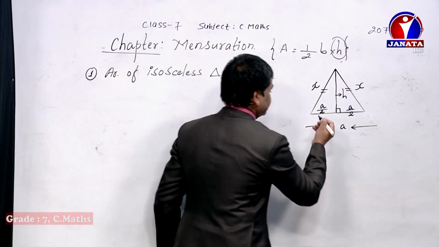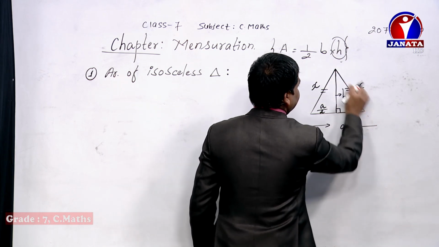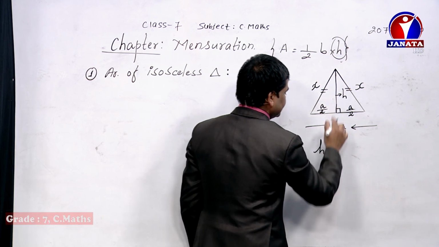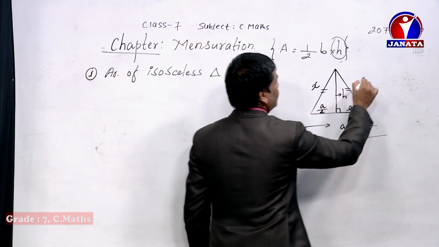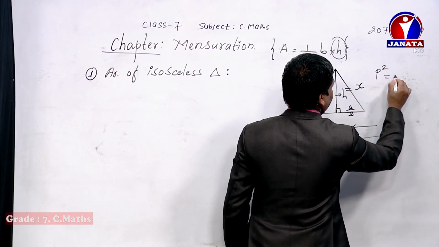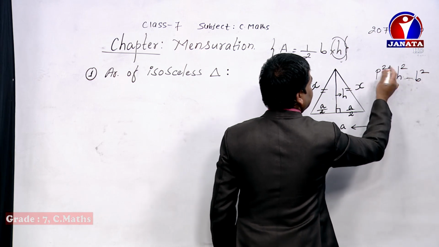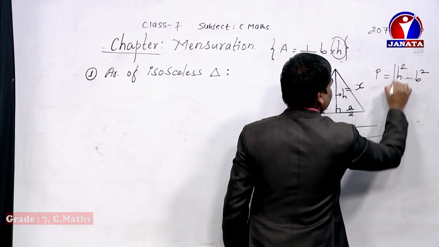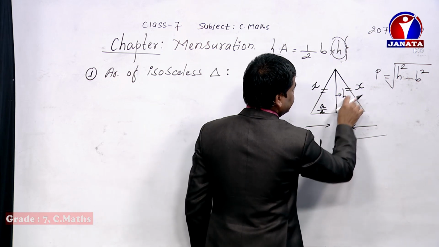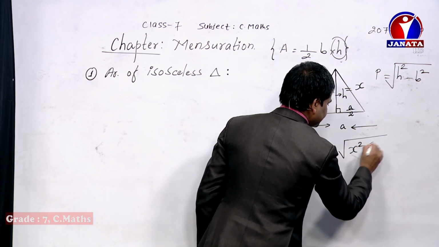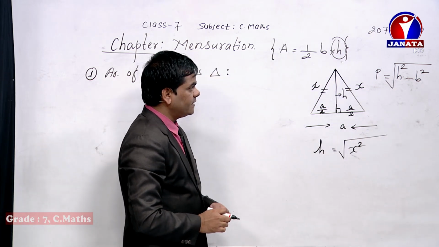So what happens? h is the perpendicular of this right angle triangle, isn't it? So h equals root under, because the Pythagoras theorem says that perpendicular square equals hypotenuse square minus base square. Taking the square on that side, h square: opposite to 90 degrees, the hypotenuse square becomes x square, now minus base square.